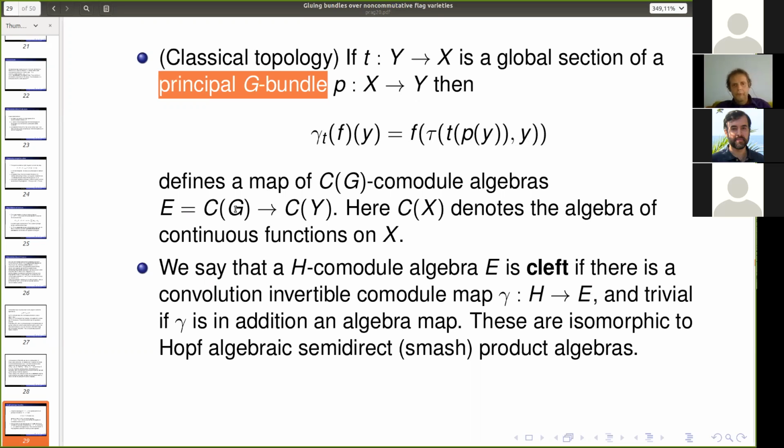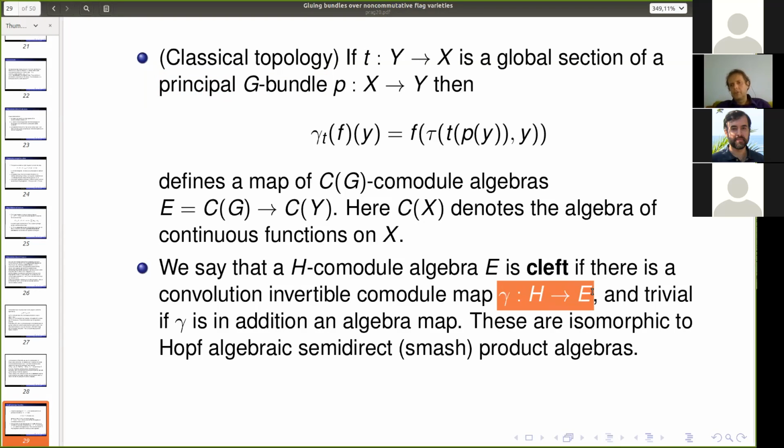And this will go from functions on G, on a group, to functions on a space. So from a Hopf algebra to an algebra. This kind of section we call a cleavage in non-commutative geometry. So every such cleft extension is Hopf-Galois.